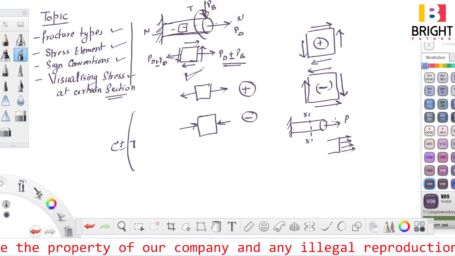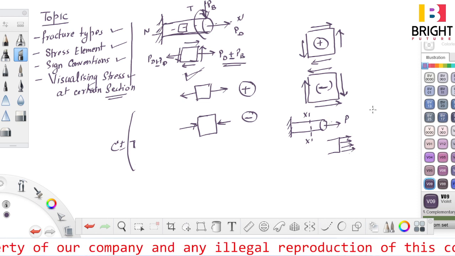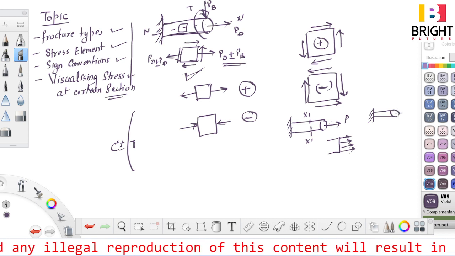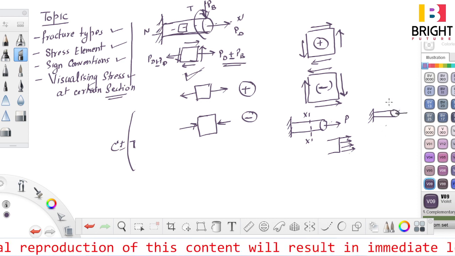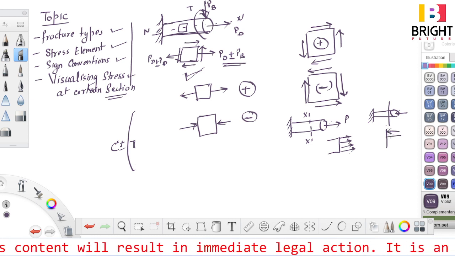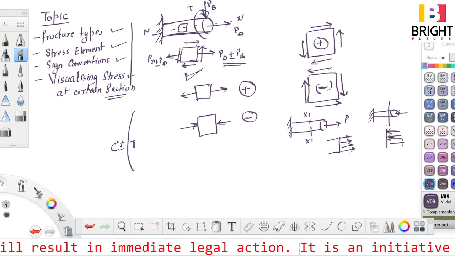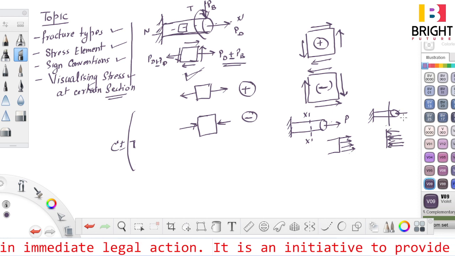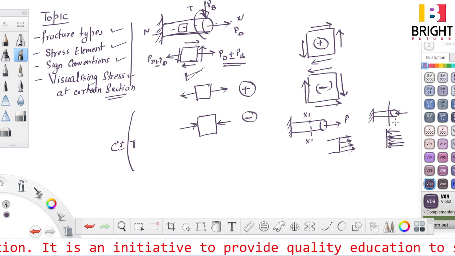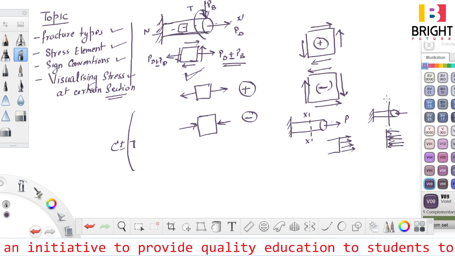Like this, if the load is in the opposite direction, say this is my element and the load is toward this, then I will cut this section. Then on this section I will show the forces like this. Although these forces are not constant near the application of load, we will see St. Venant's theory to understand this concept.